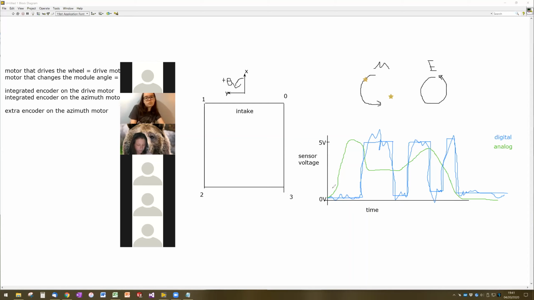In an analog sensor, though, any noise on that data line actually changes the value of the data. It actually changes the value that's being reported to the computer. And so as things happen on the robot, the position that's being reported by the analog sensor is going to change even when the real position of that sensor is not changing. And that's going to make the Swerve drive difficult to control because it doesn't have a reliable measurement.